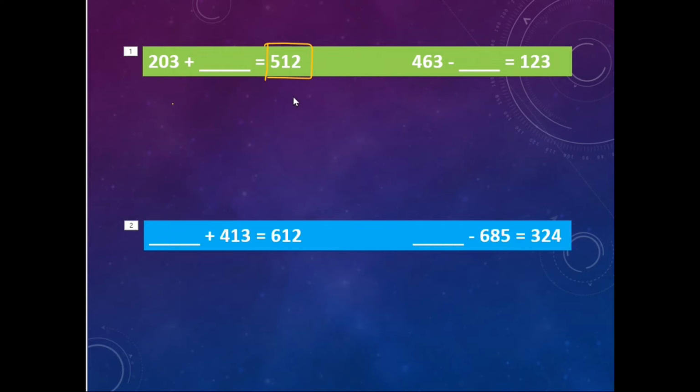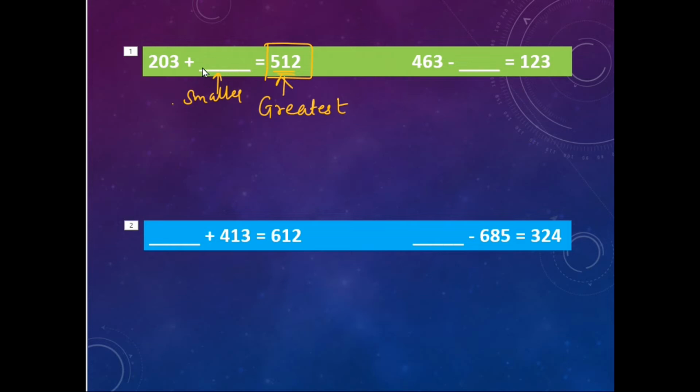Since it is an addition statement, we know that the answer should be the greatest number. 512 is supposed to be the greatest number in this addition statement. Now the number which is missing is a smaller number compared to this number.